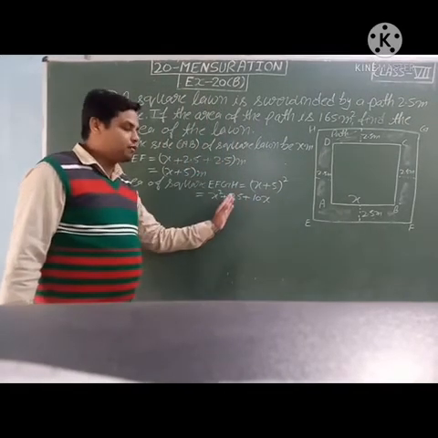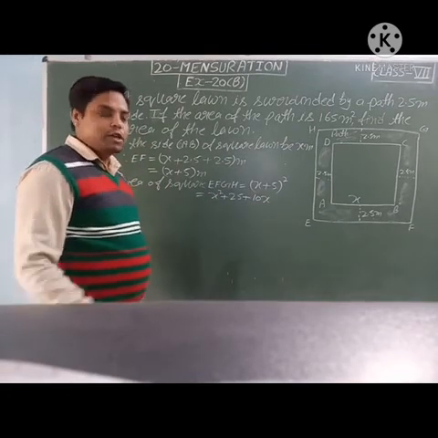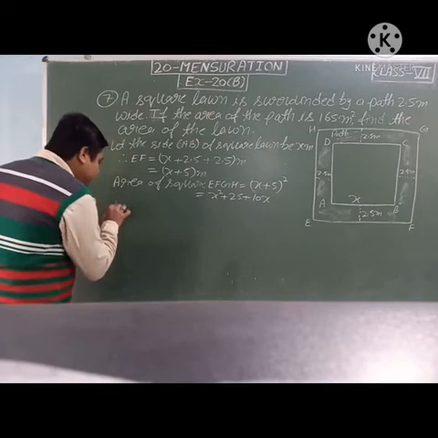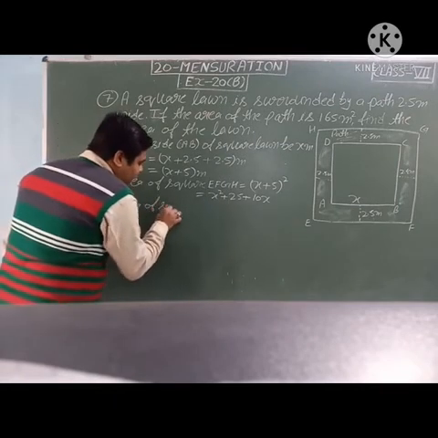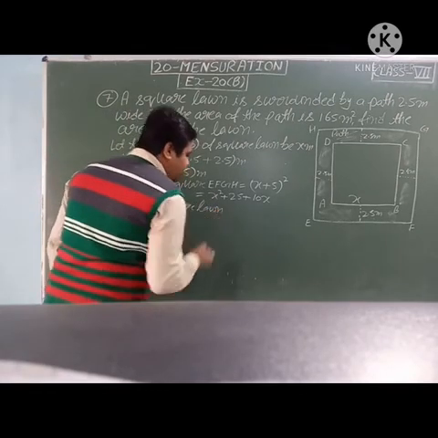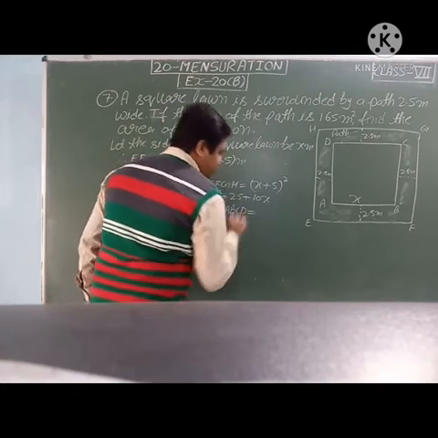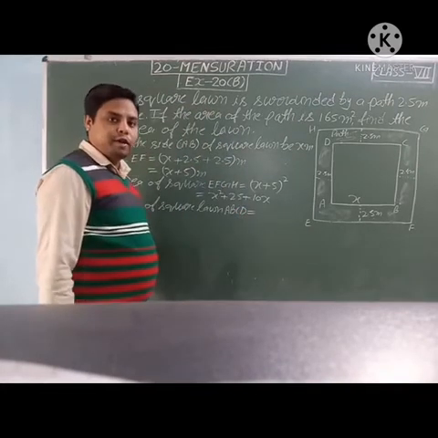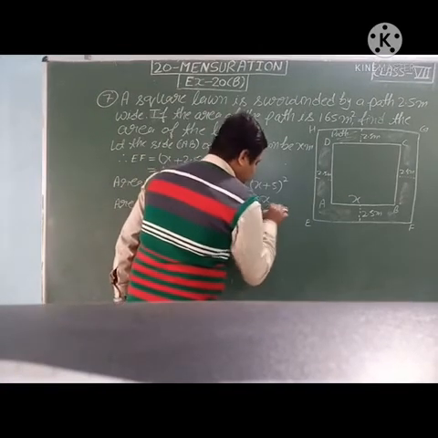X square plus 25 plus 10x is the area of square EFGH. Now area of square ABCD, side is X, formula is side square, it means X square.